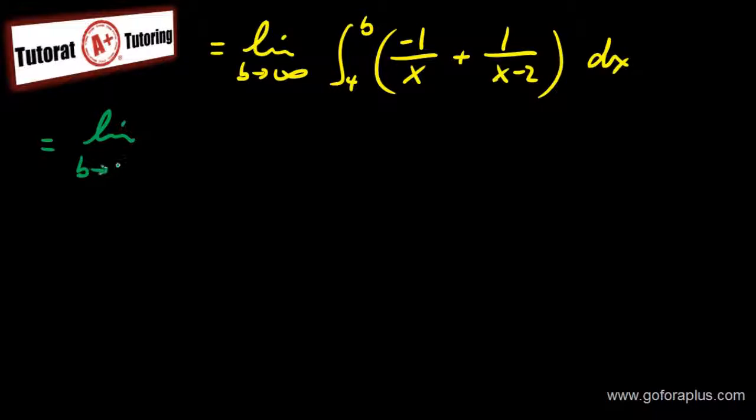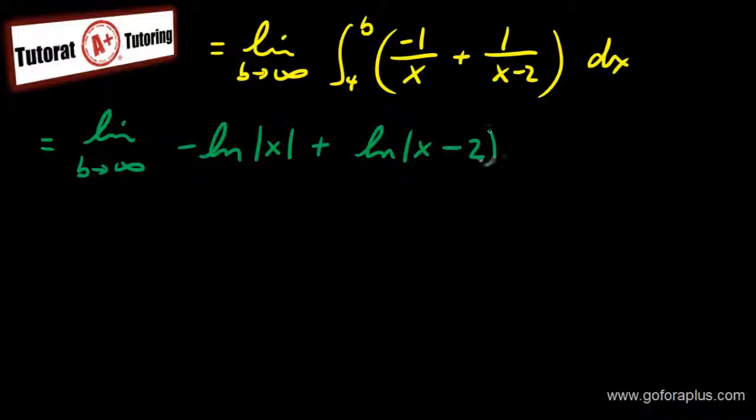So the limit as b approaches infinity of minus ln of the absolute value of x plus ln of the absolute value of x minus 2. I need to rewrite x minus 2 with the absolute value. This is from 4 to b.